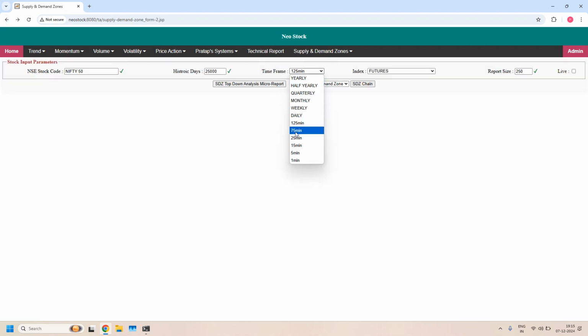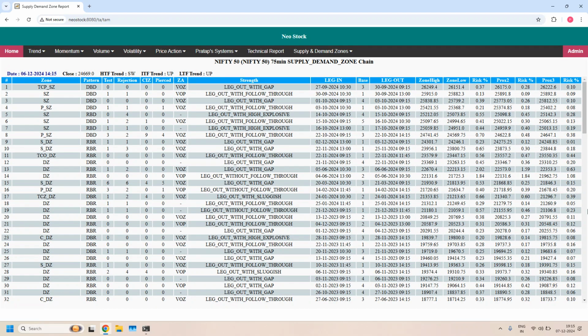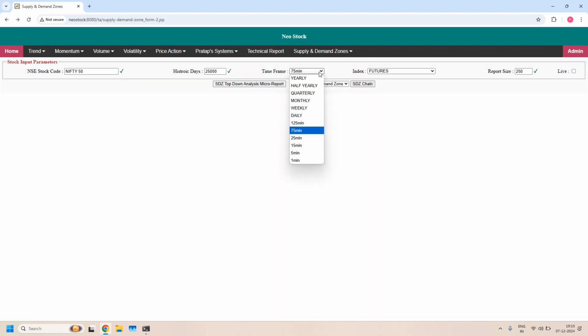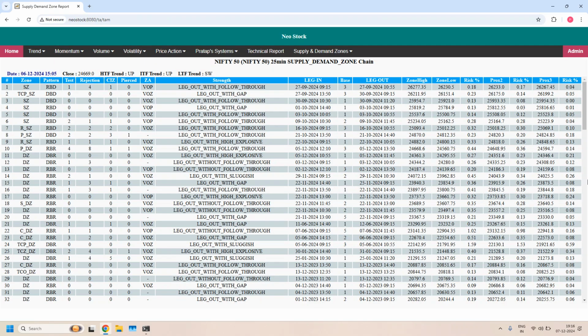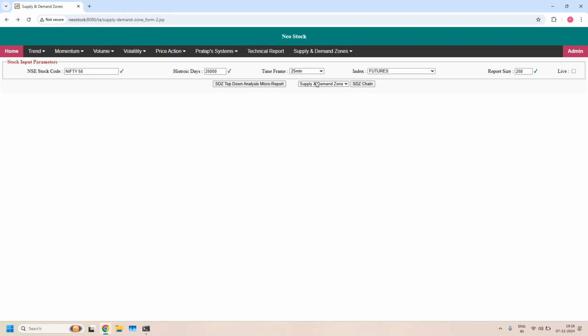Next 75 minute supply demand zone chain for NIFTY. Next 25 minute supply demand zone chain for NIFTY. Next 15 minute supply demand zone chain for NIFTY.